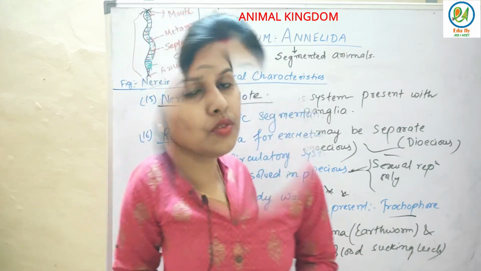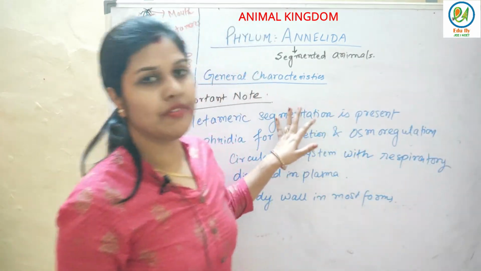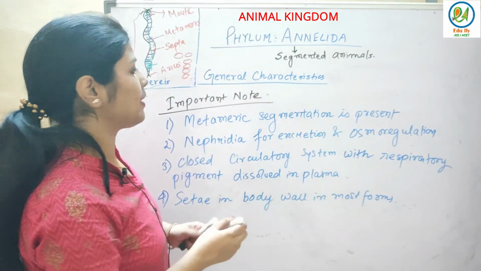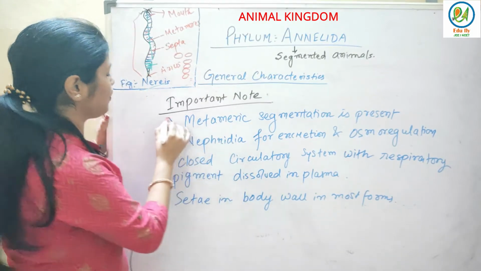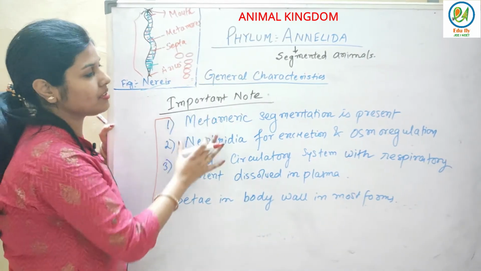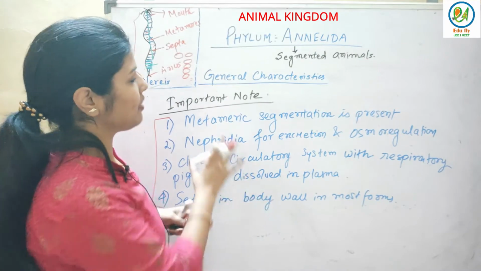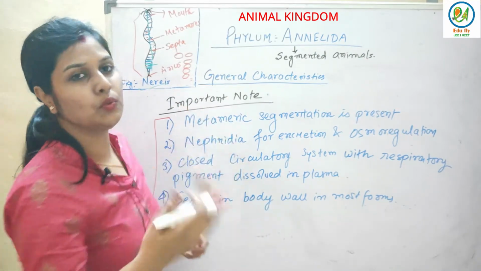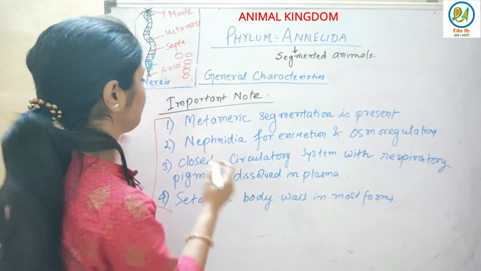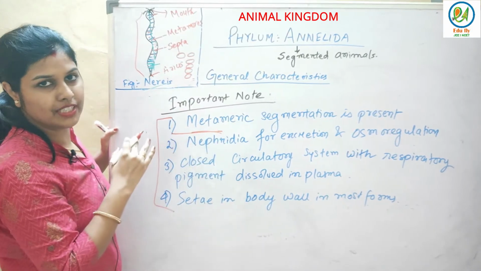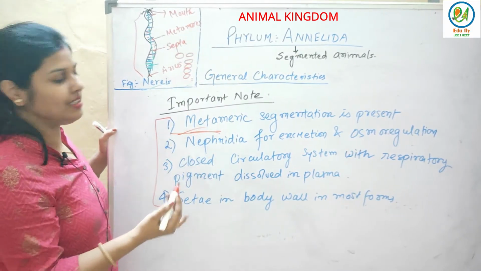Now let's see this important note. What we have studied in annelids is these four points. If you are going to the exam, just revise this in each phylum. Metameric segmentation is present in annelids.